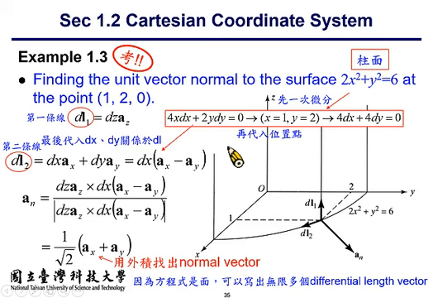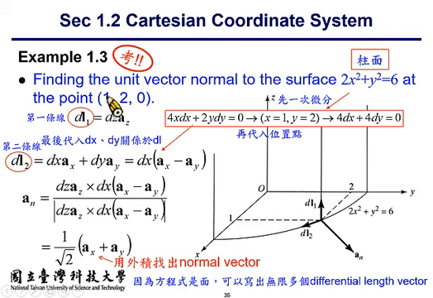So 2x squared plus y squared equals 6 simply describes an ellipse on the xy plane. As the figure suggests, the locus can be extended upward and downward because there is no restriction about the variation in z direction. So it's an elliptical cylinder standing parallel with the z-axis.